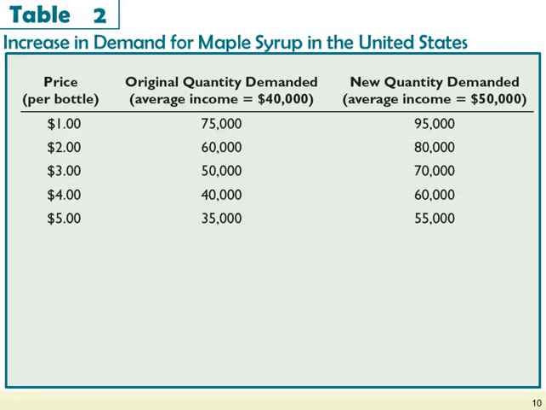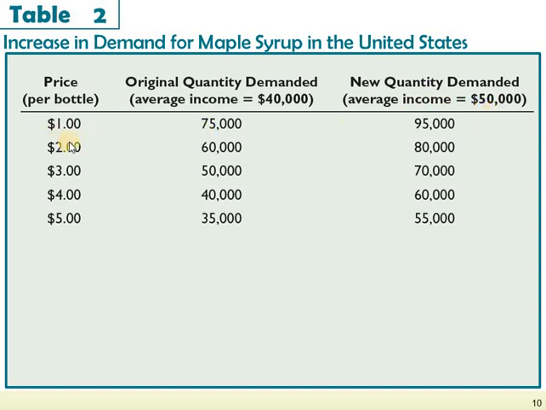Next. Itong table na to, the price per bottle and the original quantities demanded, it's also the same thing as our table kanina. Alright. Now, ano pong nangyari? Kung mapapansin ninyo, yung ating new quantity demanded is based on the average income. If before the average income is $40,000, nagtaas ngayon si US, example, ng kanilang average income, naging $50,000.